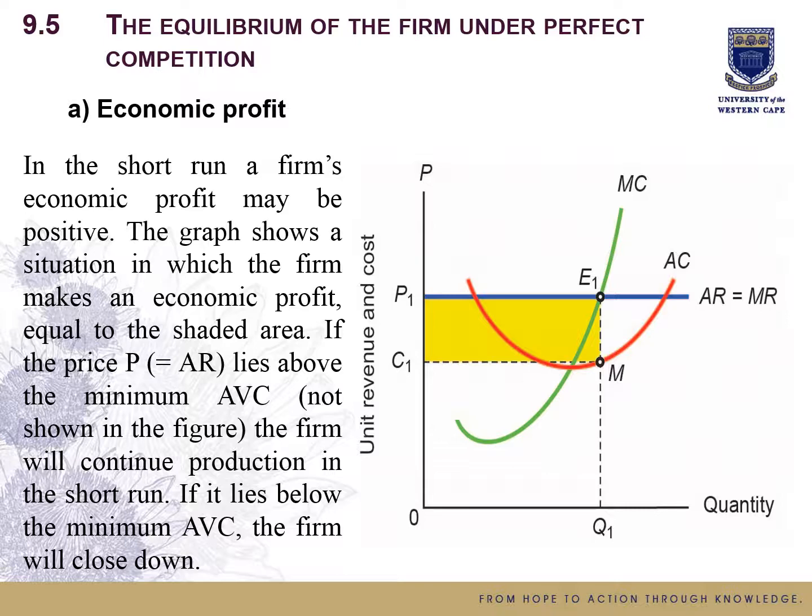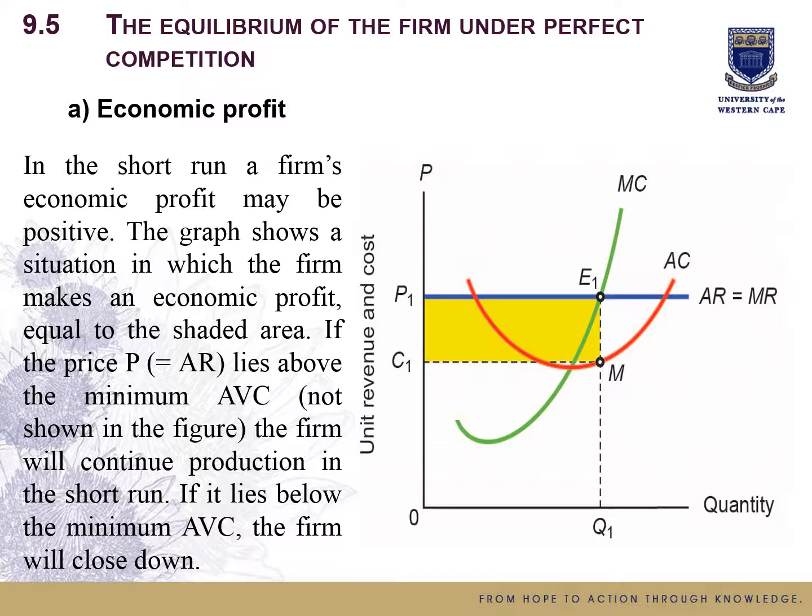That is at the point E1 or quantity of Q1. At quantity Q1, the firm's average revenue is greater than the average cost, where our average cost is indicated by the red average cost curve or point M. Since average revenue is greater than average cost, then the firm earns an economic profit.